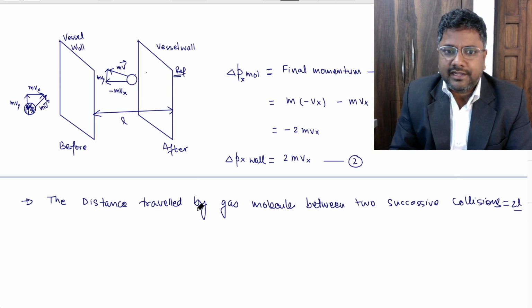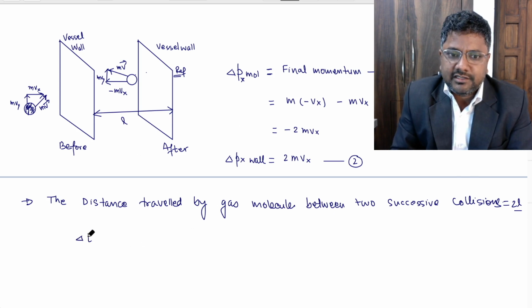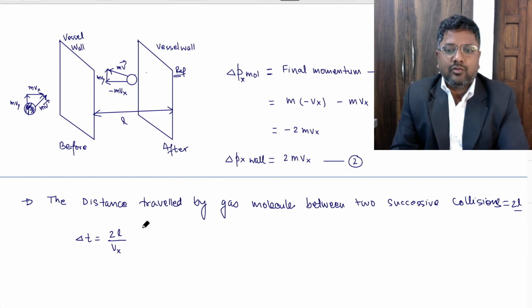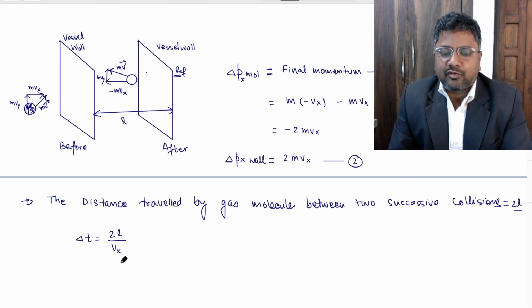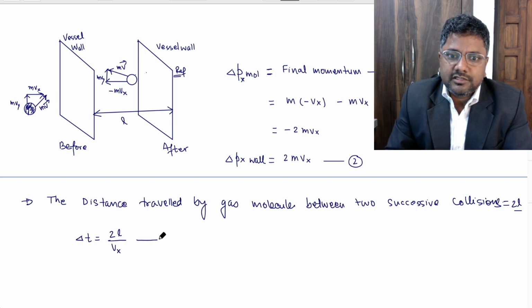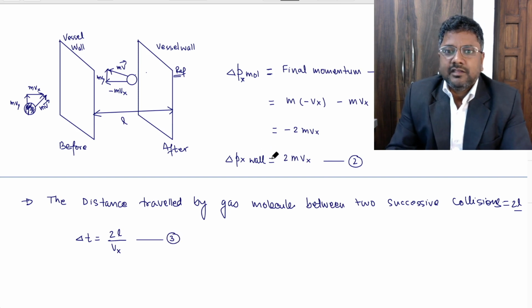So you can write the time lapse between two successive collisions, delta t, is equal to 2L by Vx. Here I am taking only the x component of the velocity. So this is equation 3. See, one by one.